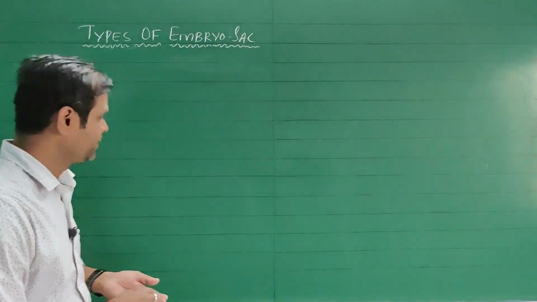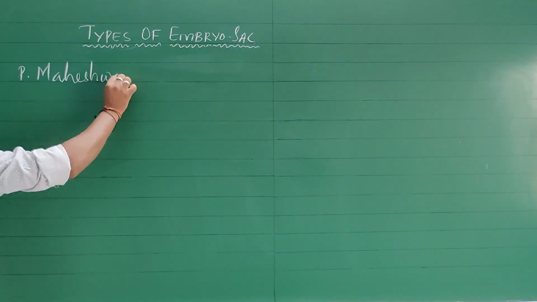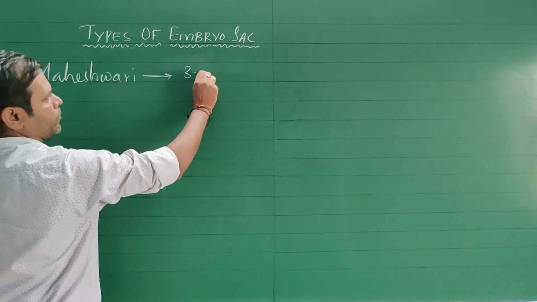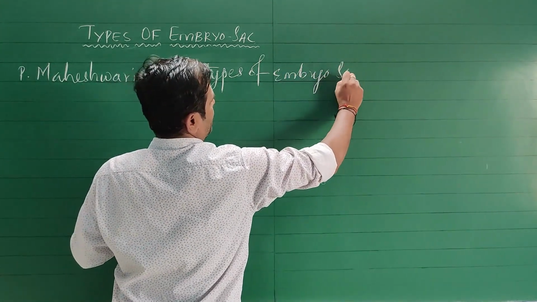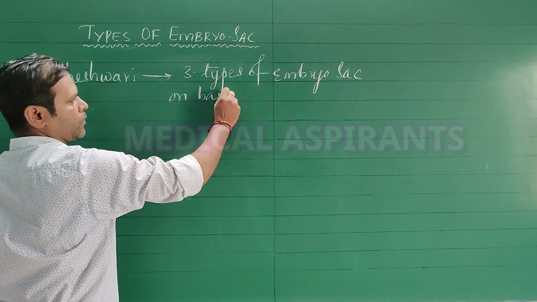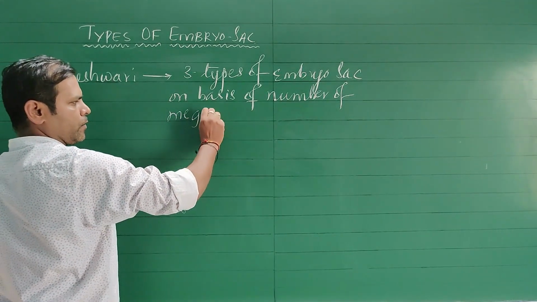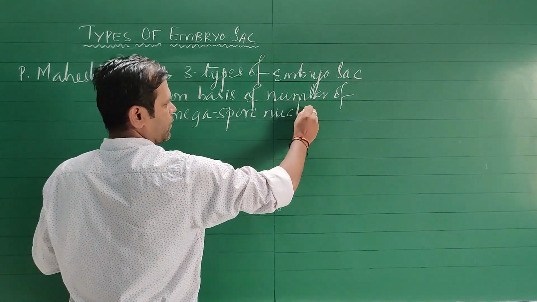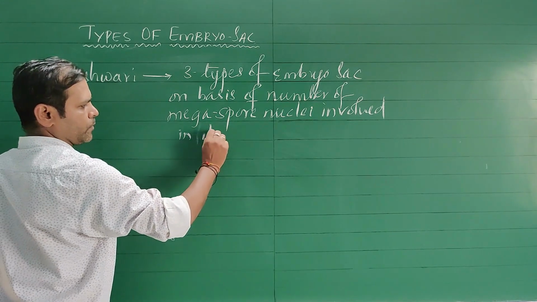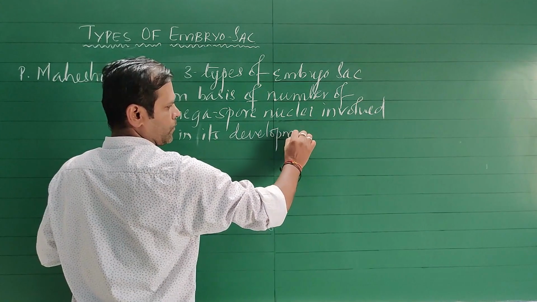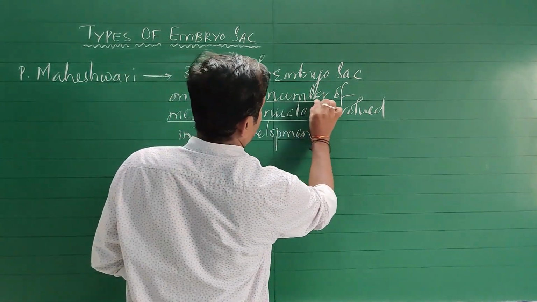Now let's see types of embryo sac. According to P. Maheshwari, there are 3 types of embryo sac, on the basis of number of megaspore nuclei involved in its development.